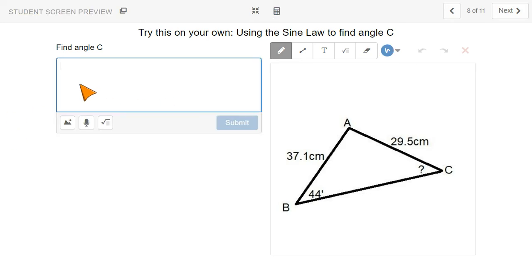And once again, I want to show why we can't use the cosine law. So in cosine law, we can find an angle if I have all three sides. But in this case, I only have two sides and one angle.